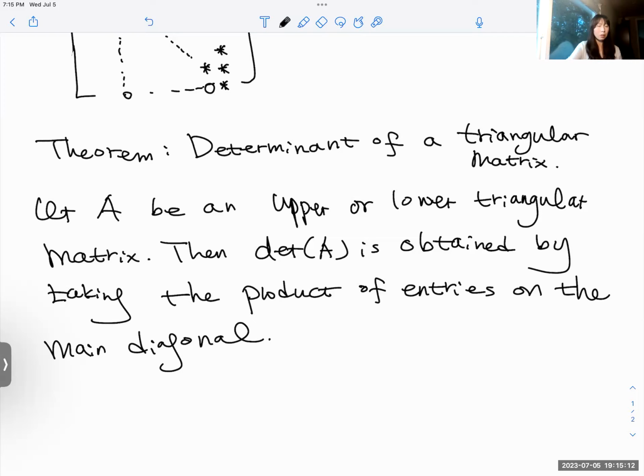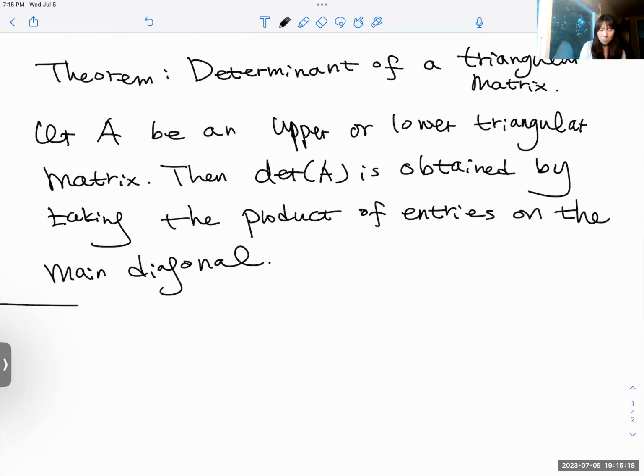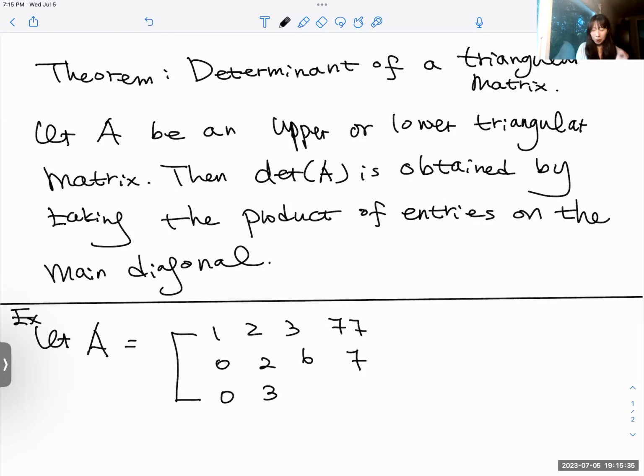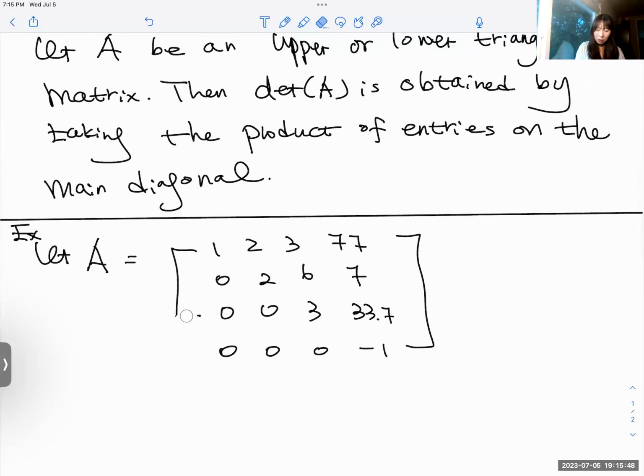So for instance, if we have A with rows 1, 2, 3, 77; 0, 2, 6, 7.3; 0, 0, 3, 33.7; 0, 0, 0, -1. We want to find the determinant of this matrix.